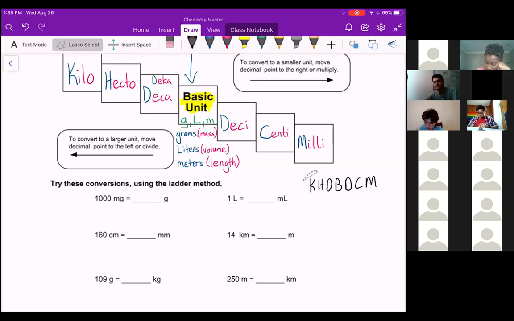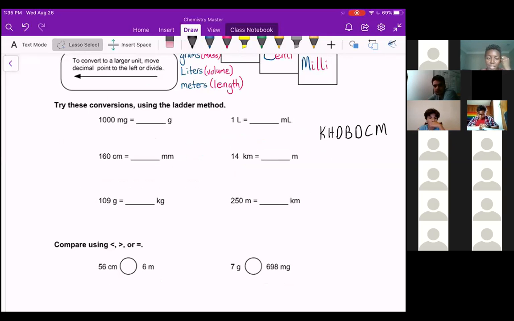All right, so let's look at this very first one. It says you have 1,000 mg. Eric, what's mg again? Milligrams, okay?